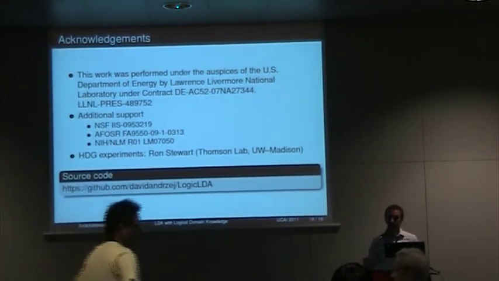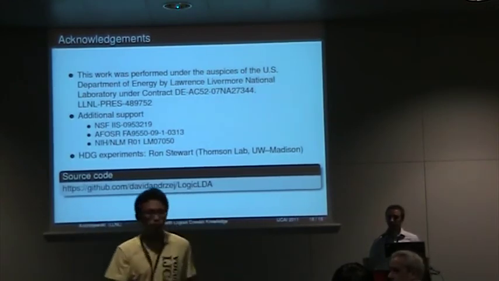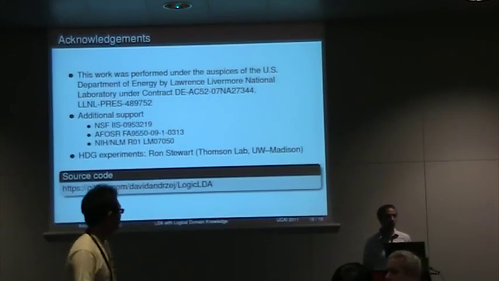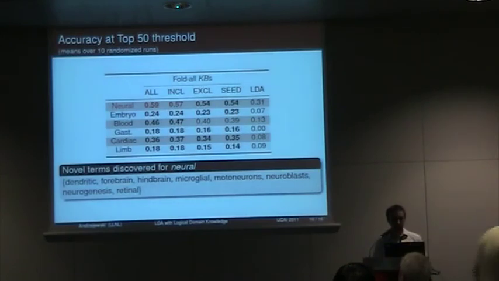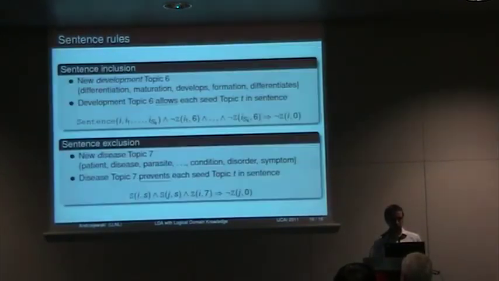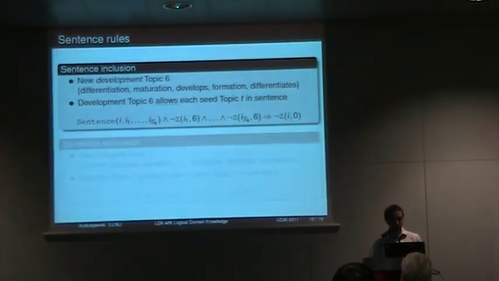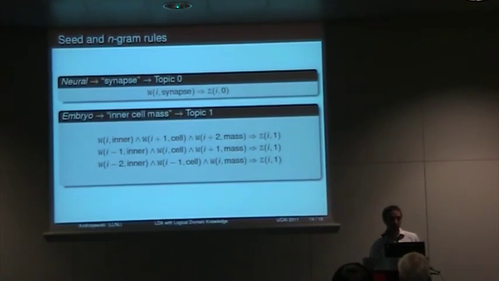Any other questions? Okay, I have one. If you go back to the example you made, about a rule in which you could specify the co-occurrence of several words. Like this one, right?